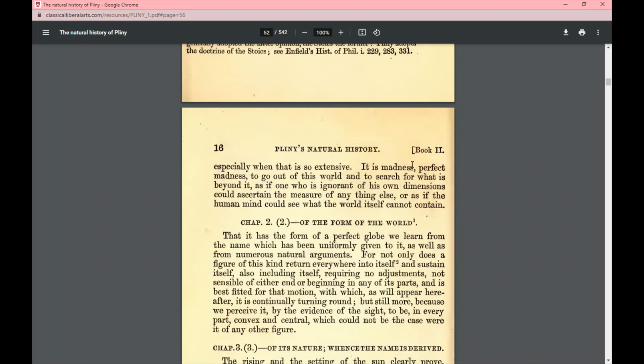All right? So this idea of exploring outer space and coming up with all kinds of theories about what exists outside the world, and if there are other planets and other life forms and other people in the... It's just foolishness. It's madness. It's not wisdom. It's not the pursuit of philosophy. It's not the pursuit of wisdom.